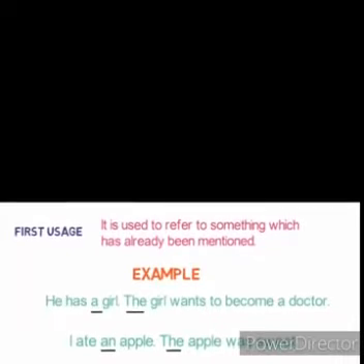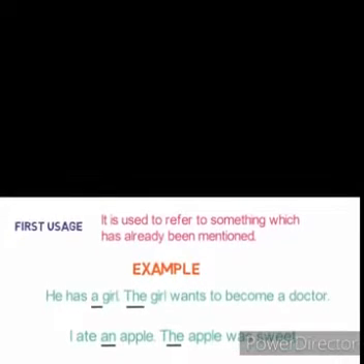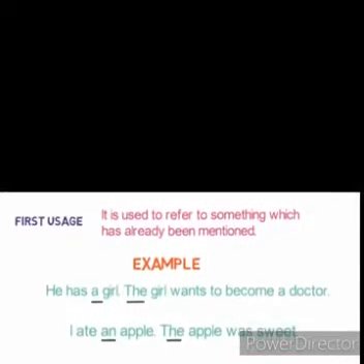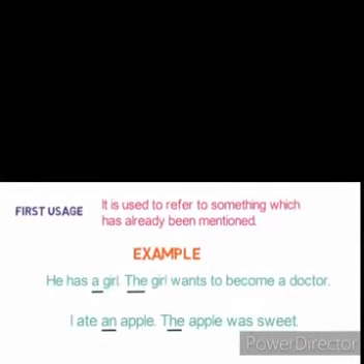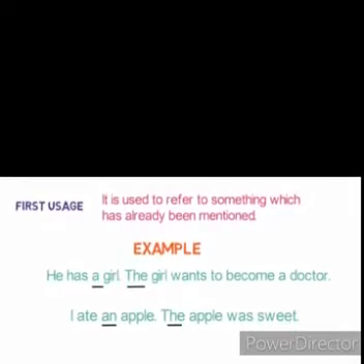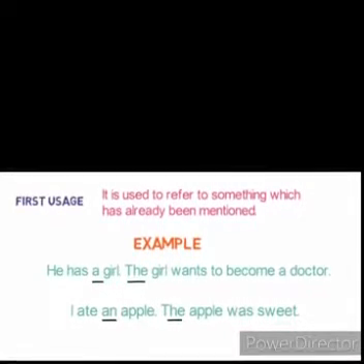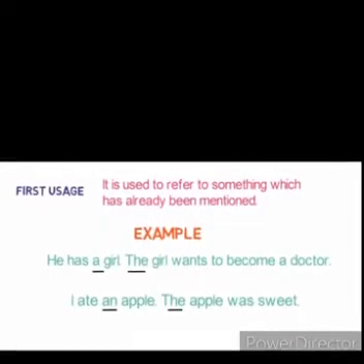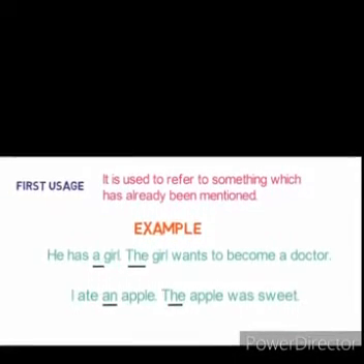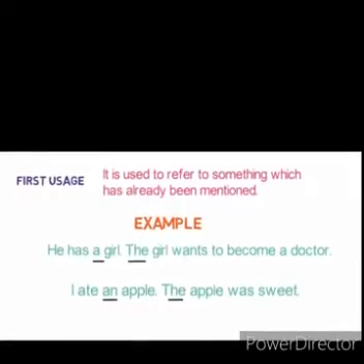Let's take another example. I ate an apple. The apple was sweet. So we used article an when we referred to the apple for the first time, and we used article the when we referred to the same apple the second time.